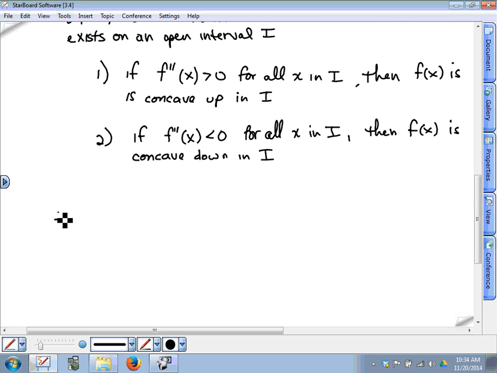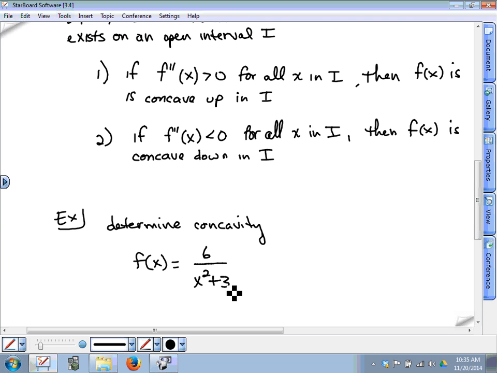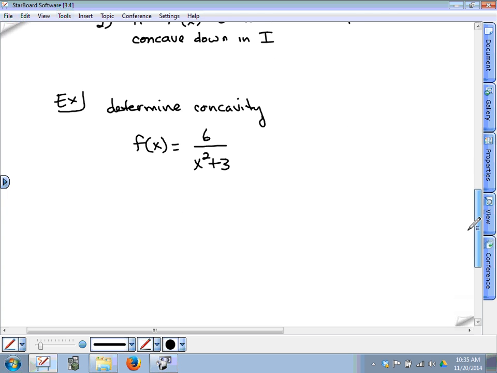Okay, so here's an example. Determine concavity of the function here. What if we got one where you have to do the quotient rule first?